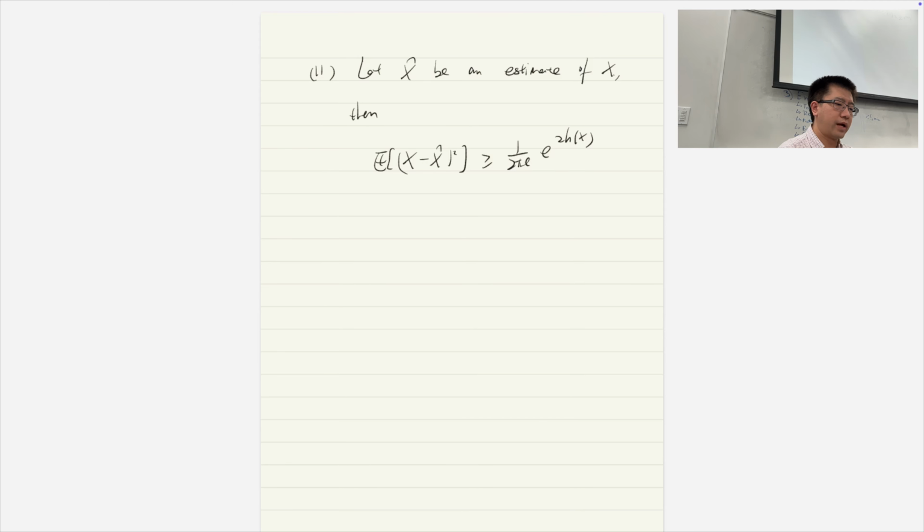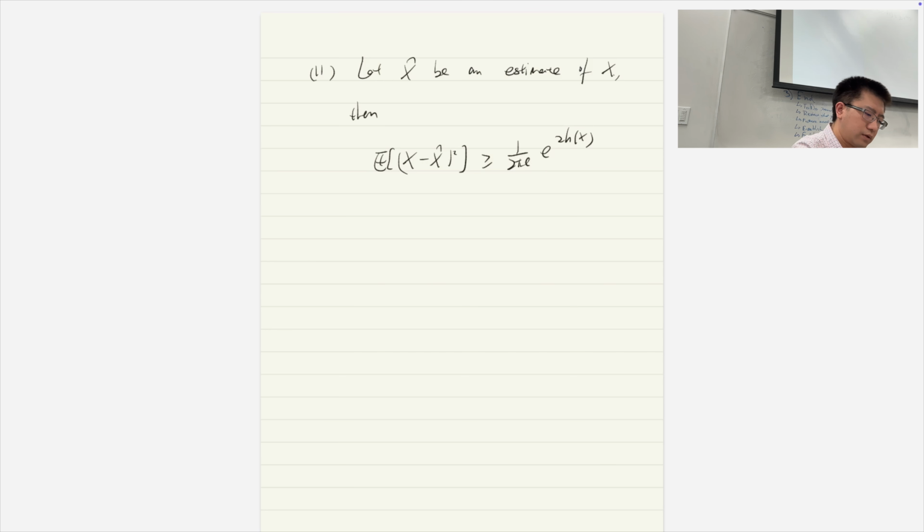Okay, however, in practice, normally we cannot estimate x directly, right? So what we can do is that we observe a y, right, and then we estimate x from y. Okay, and for that kind of estimation, what is the lower bound for this mean square error?